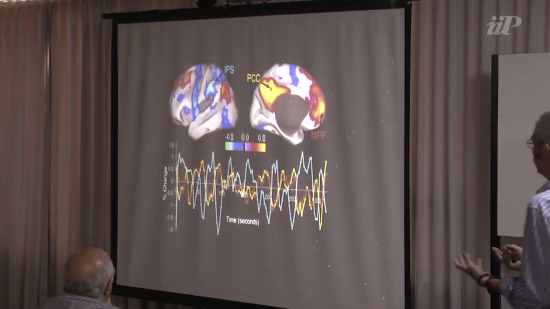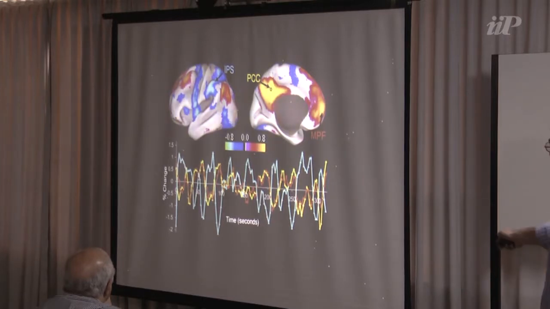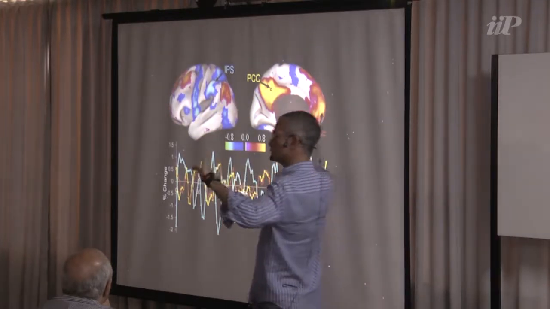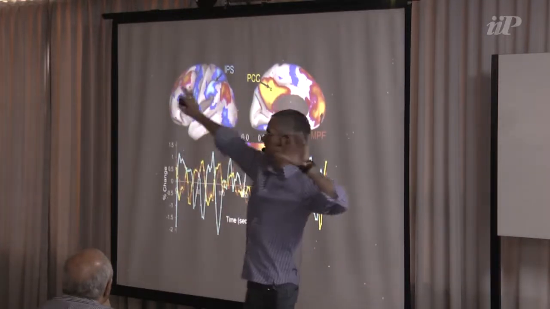And what is it that you have? You still have time series like these. You have time series like this blue one that comes from this area. You have yellow. You have whatever. But you have time series without the interference. You have a resting state time series.